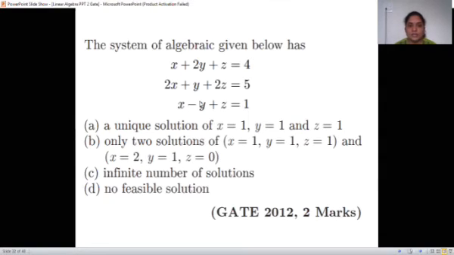Waiting for your answer. Just try to reduce it in row echelon, augmented matrix AB in row echelon form. Okay, someone has ticked no feasible.